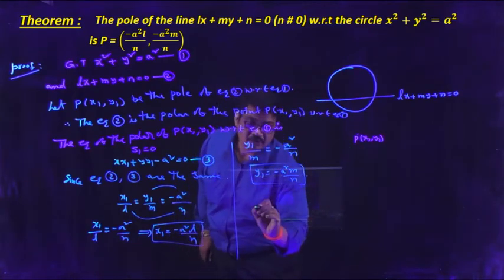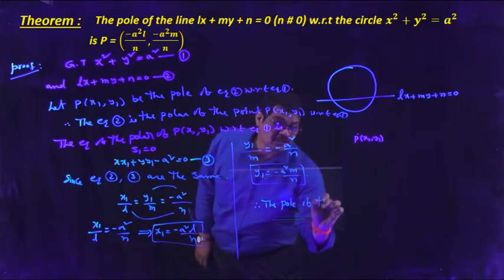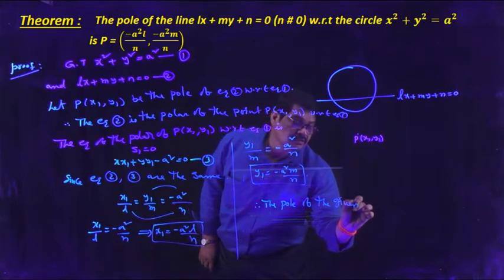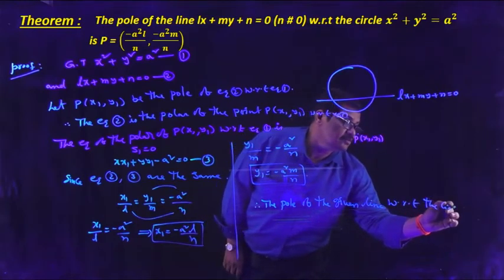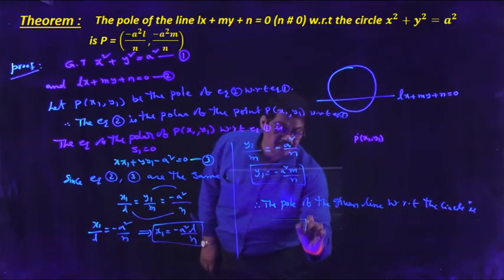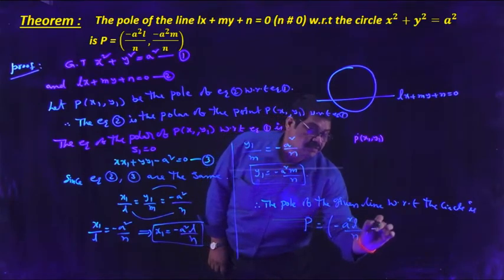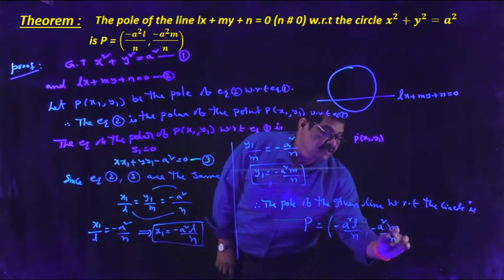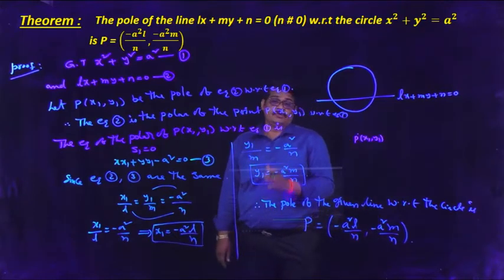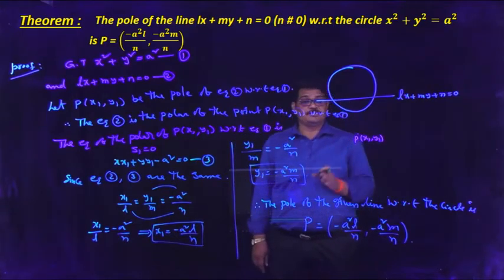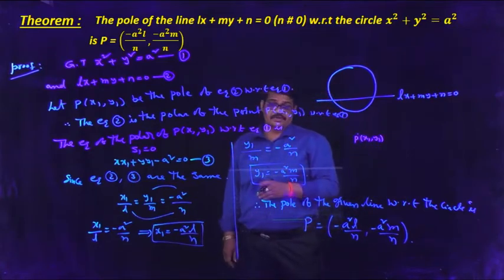Therefore, the pole of the given line with respect to the circle is P is equal to minus a square L by n, comma, minus a square m by n. This is the formula for finding the pole of a line Lx plus my plus n is equal to 0 with respect to the circle x square plus y square is equal to a square.